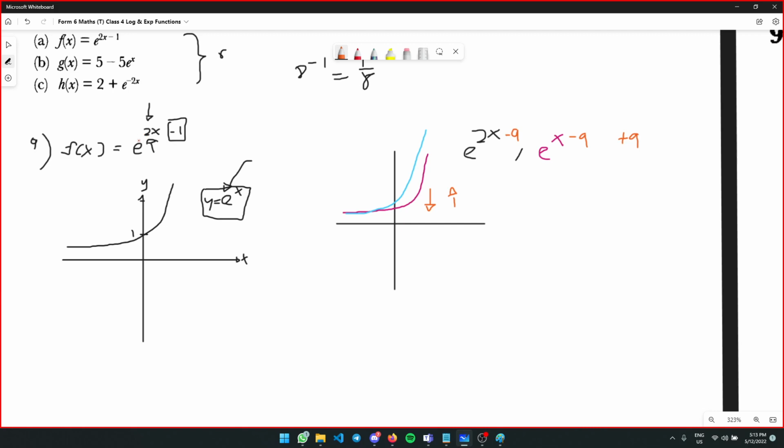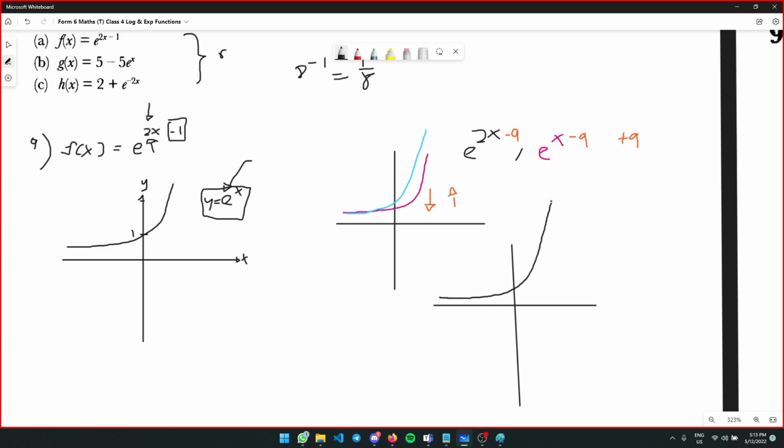Let's say for this question, e to the 2x minus 1 will look something like this.